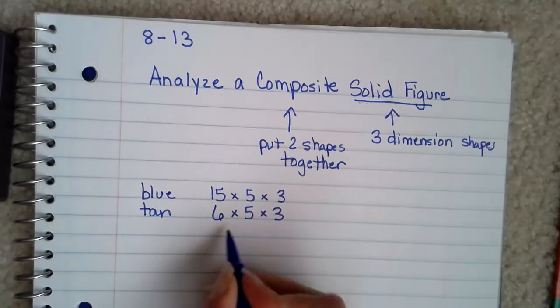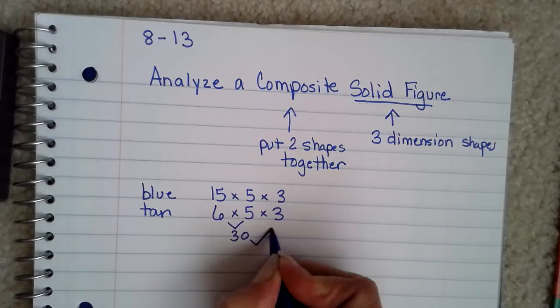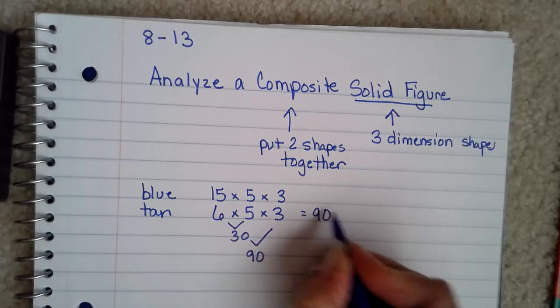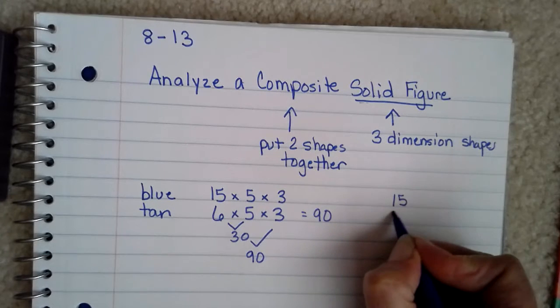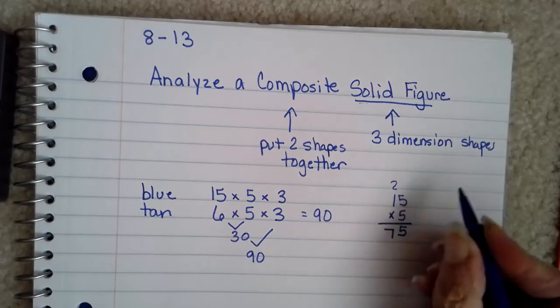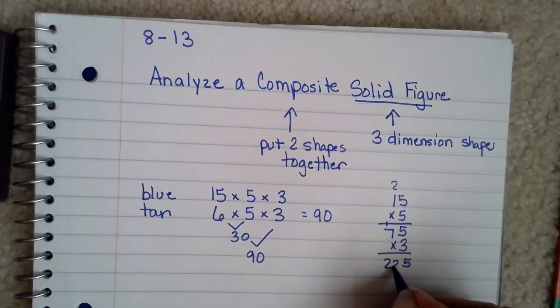So we go ahead and we figure those out. I'm going to do this one: 6 times 5 is 30, 30 times 3 is 90. So this one is 90. Then 15 times 5 is 75, and 75 times 3 is 225.